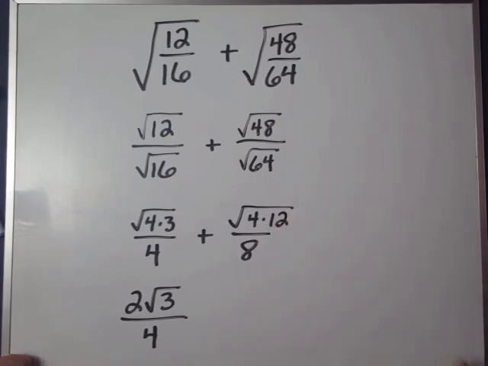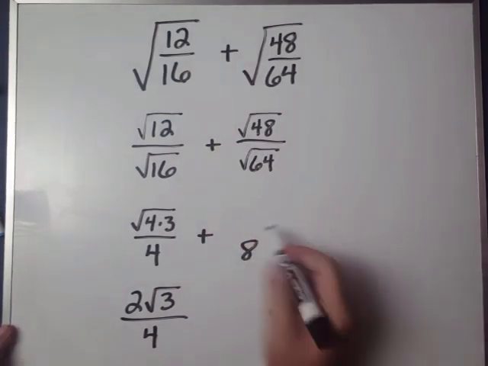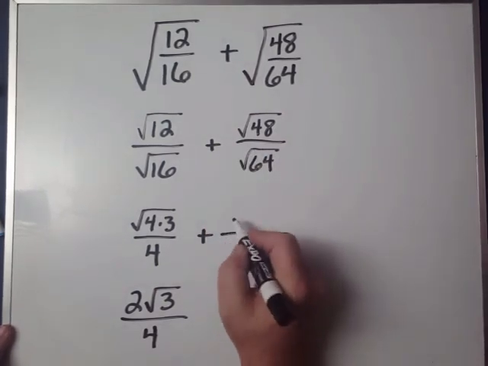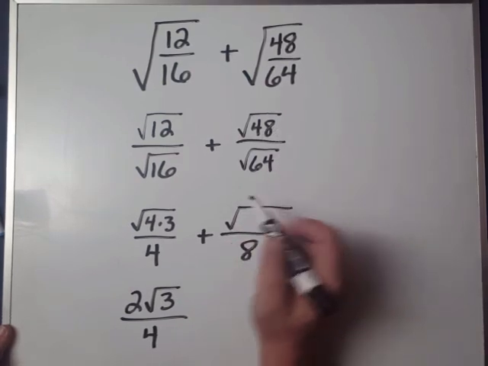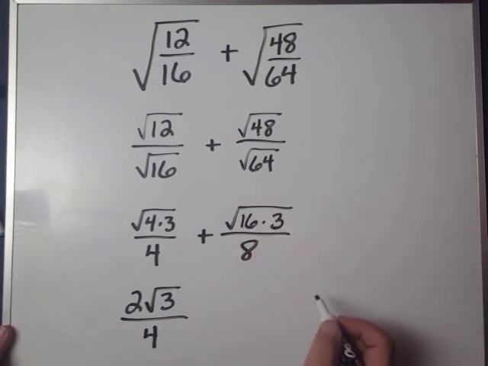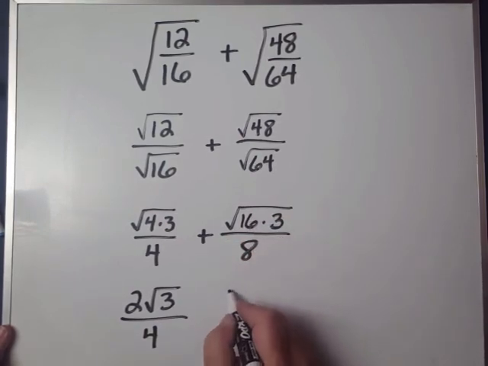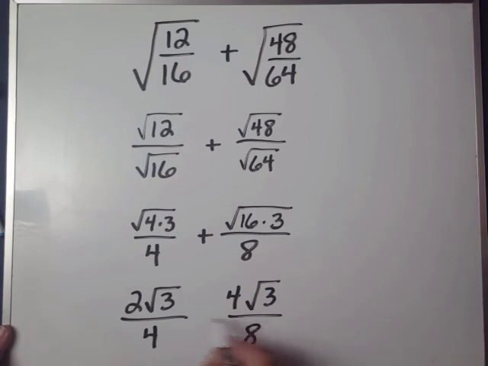This is one of those situations where it's best to get that biggest perfect square out the first time. 48 contains a 4 and another 4. That's a 16. 48 is actually 16 times 3. And the square root of 16 is 4. So 4 square roots of 3, and that's over 8. We've simplified both terms. Can we keep going?